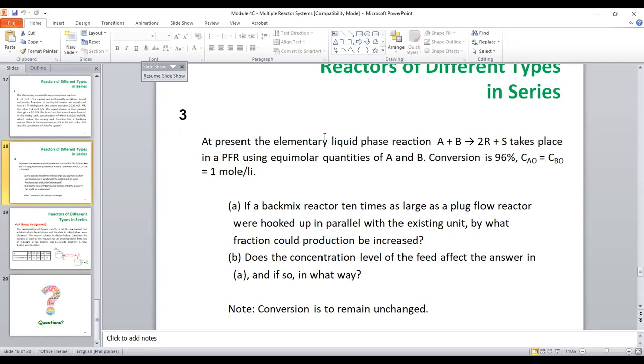So this is elementary, meaning whatever is the stoichiometric equation, that would be our guide in writing the rate law. It's liquid phase. Then what do we learn about liquid phase? Automatically, the expansion factor, epsilon, will be equal to 0. So let's go back to our board.